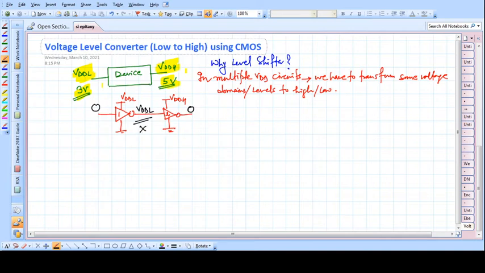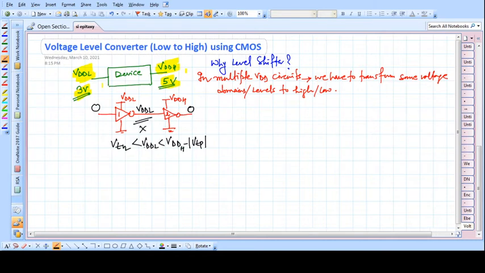No. Why no? Because there may be some situation where this VDD L may lie in between VTN and VDD minus VTP, where this one is our VDDH.